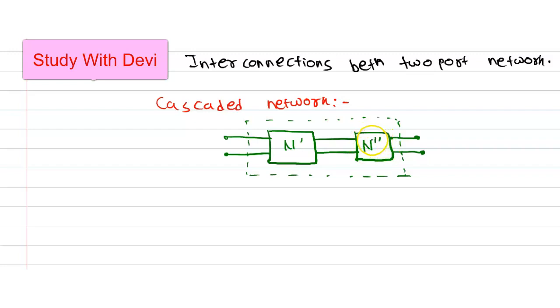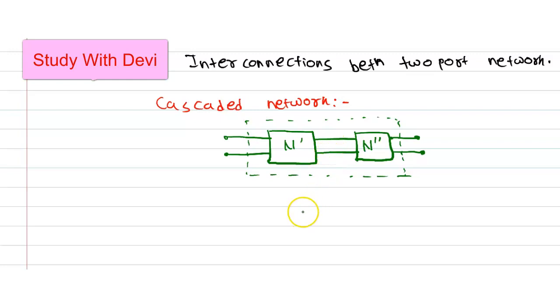Interconnection between two port networks: this is my first network and this one is my second network, and these two networks are connected in cascade. This type of connection is known as cascaded connection. Once the output is connected to another input, this connection is known as cascade connection.